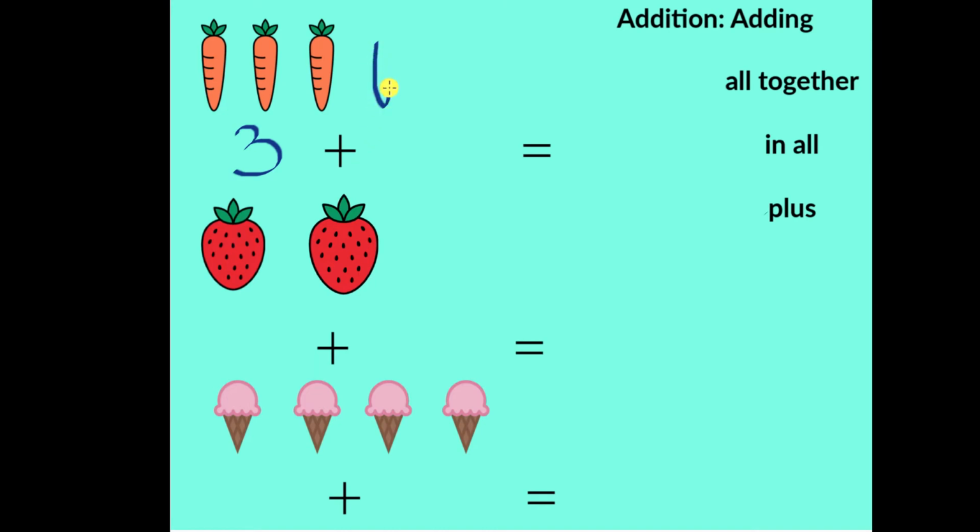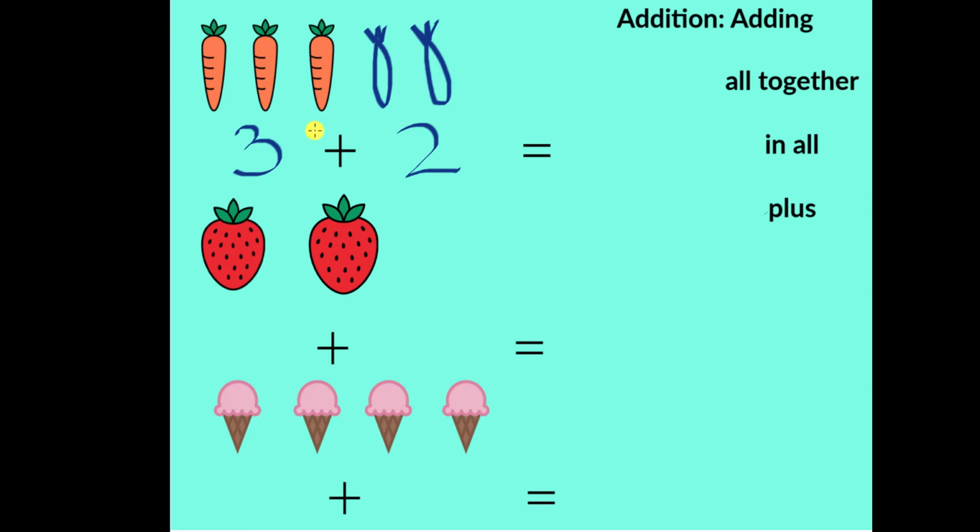So he picked 2 more. Go ahead and draw 2 more carrots. So we added 2 more carrots and he put them in the basket. He picked 3 and put them in his basket the day before. And then the very next day, he saw 2 more grew and he picked 2 and put them in his basket.